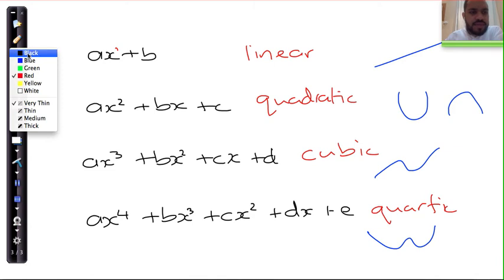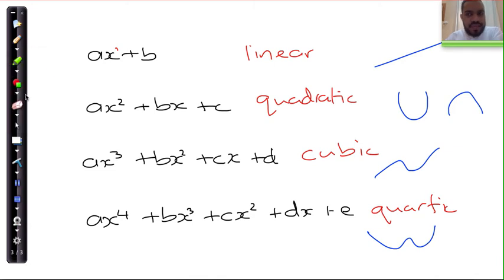What can you tell me? Take a minute, explore it, study the turning points. The turning points occur over here for this one, over here and over here for this one, and over there, over there, over there for this one. That's the number of concavity changes, or the turning points, right?